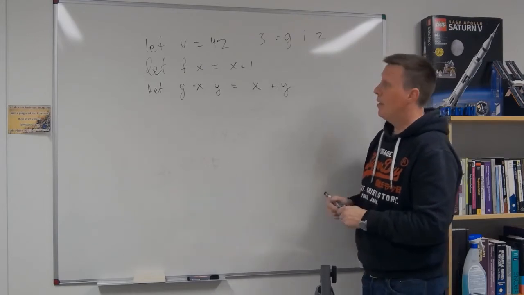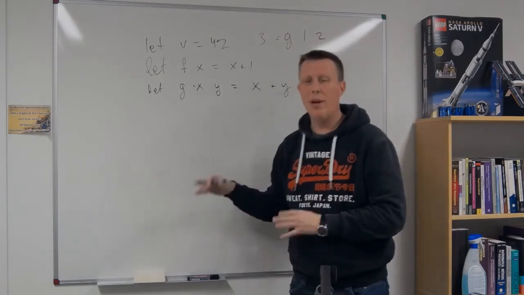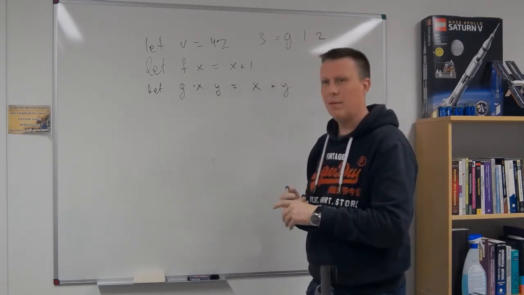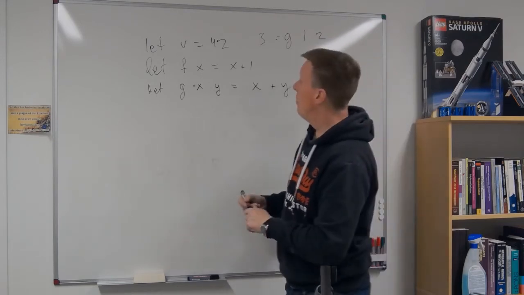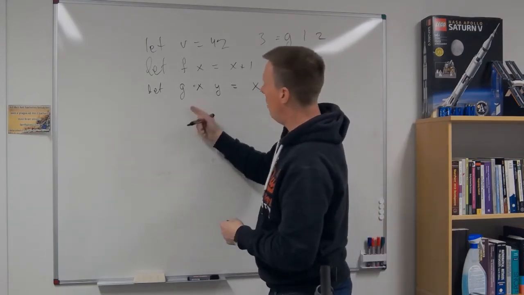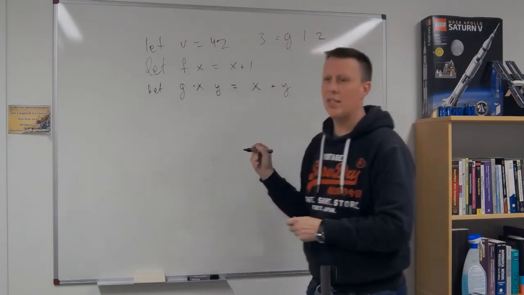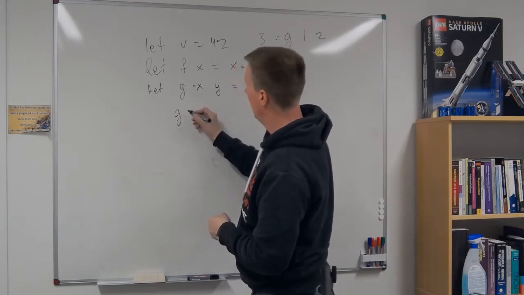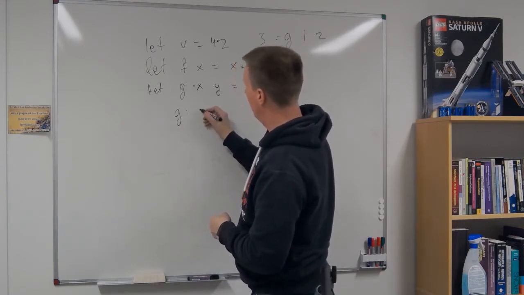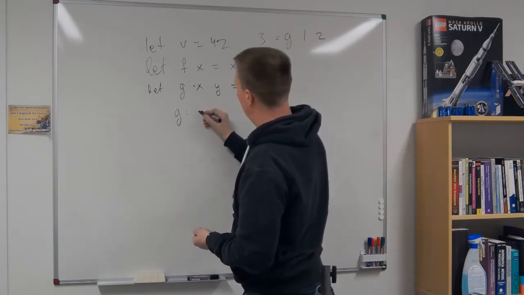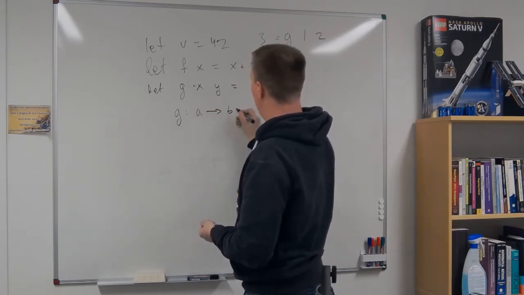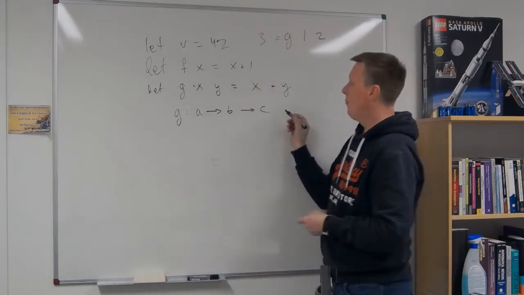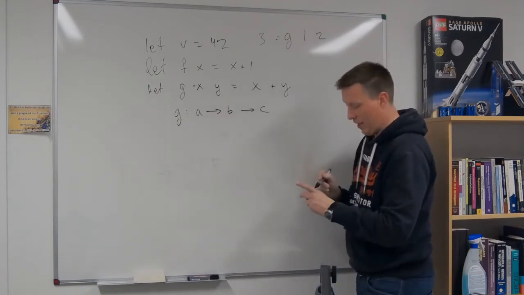So if we look at the type signature, and we haven't talked about types and type signatures yet, but we can look at how this would look in the function syntax that we used previously. This g here would be a to b to c. And this is exactly how we wrote it in the previous lecture.